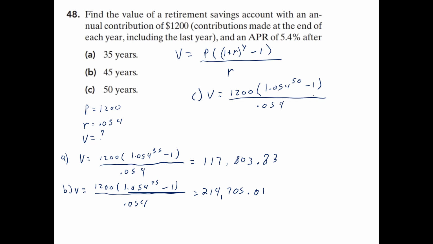And this becomes $285,967.41. So by adding these 5 years from 45 to 50, we increased from 215 to 285 by $70,000, right?